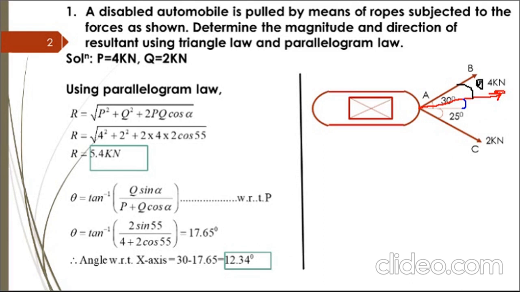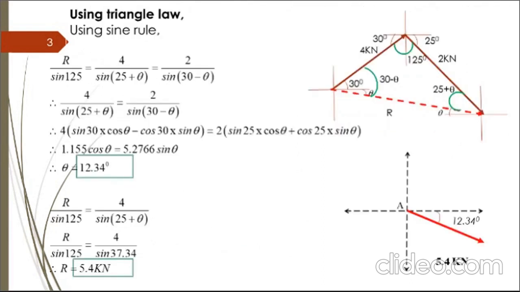Now the same problem we can solve by using the triangle law also. As per the statement of the triangle law, P and Q represent two sides of a triangle drawn in order. Let's say this is the first force P, 4 kilonewton, making an angle of 30 degrees.